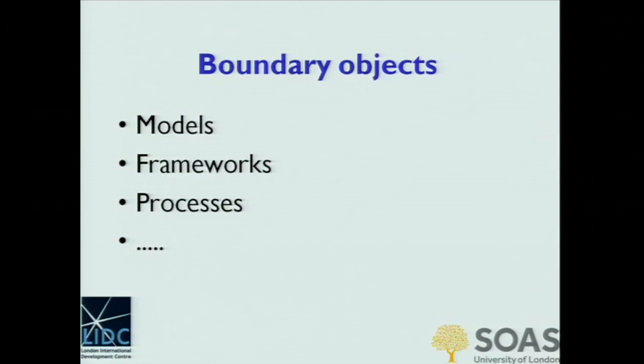Boundary objects are the things that we often use, in the absence of coherent theoretical frameworks, to facilitate that communication. It's a term from the social studies of science literature, and imagine it is a thing, a device that allows us to interact across boundaries.